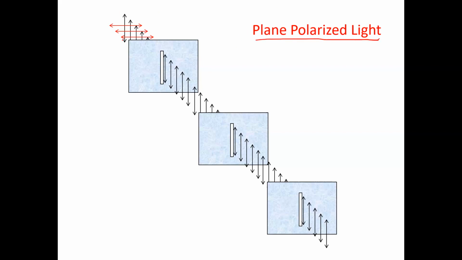Monochromatic light means only one frequency, but the waves are in all directions. If you have light of a single frequency and single wave, all in one direction, then it is plane polarized light.